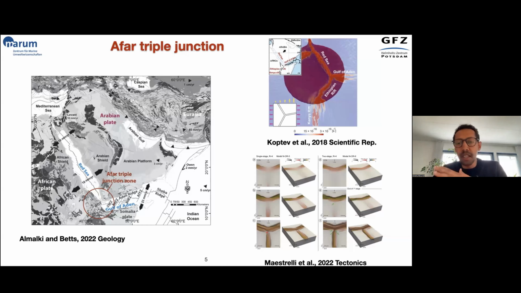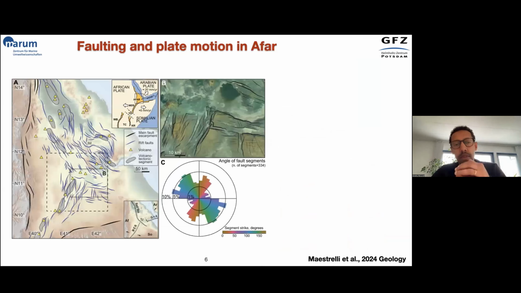But the present day tectonics in the region is best explained by the northeastward motion of the Arabian plate. And it explains well what we see in the central Afar or in northern Afar as well. So the geometry of the faults seems to respond to the northeastward motion of the Arabian plate.